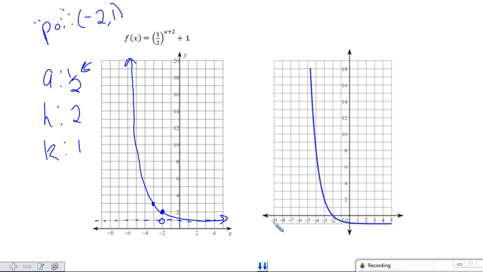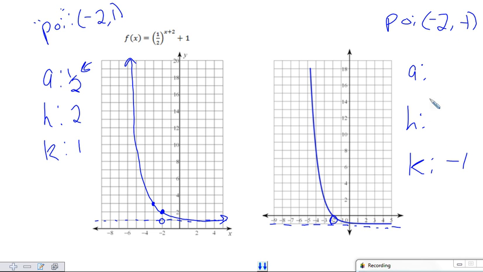Okay, so here, our dotted line, our horizontal asymptote is at -1, so our k value is -1. Okay, we have to find the point where it goes up 1 point. Here it is. It's at -2, which means that h is +2.